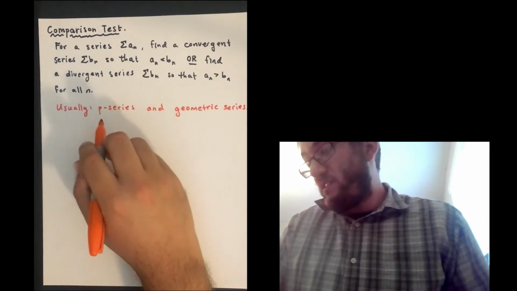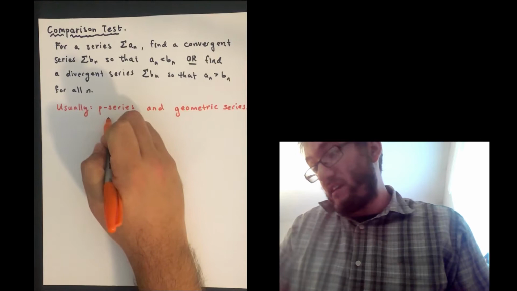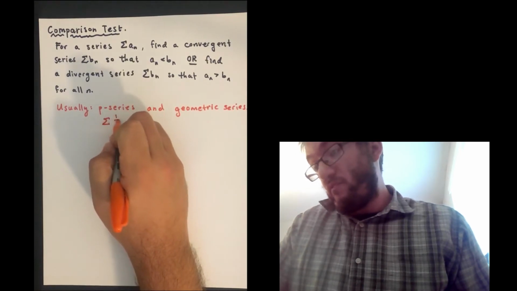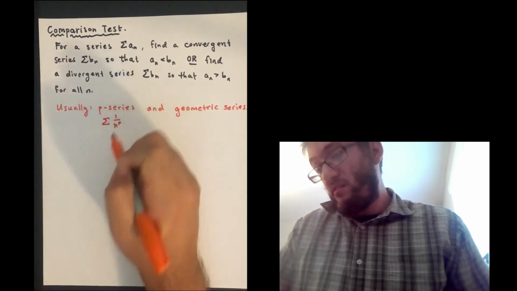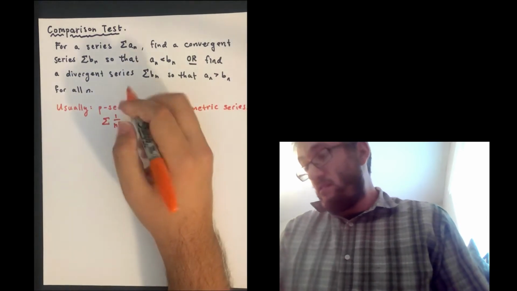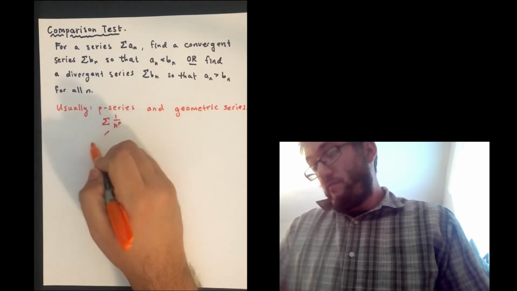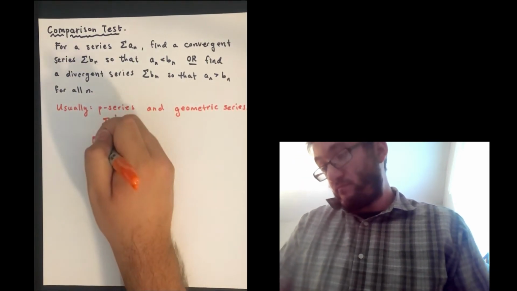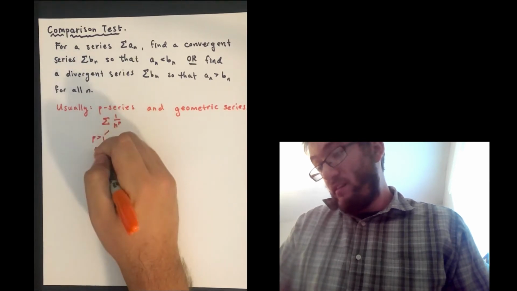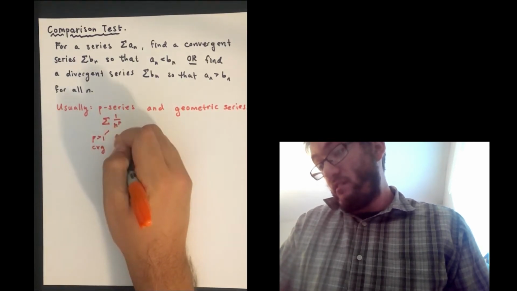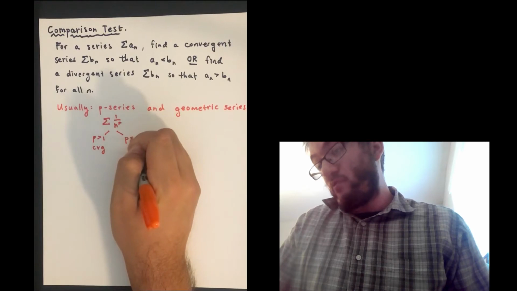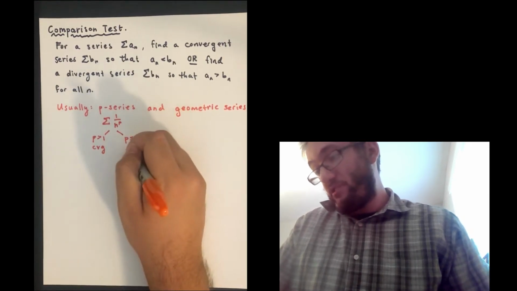So remember that p-series are series of the type sum of 1 over n to the p, and for p greater than 1, this is convergent, and for p less than or equal to 1, this is divergent.